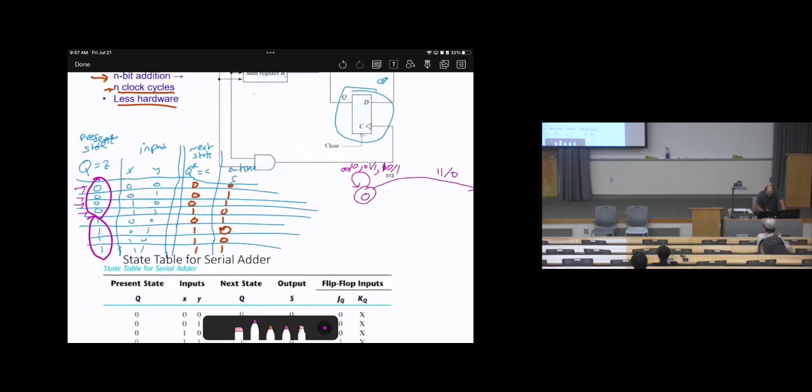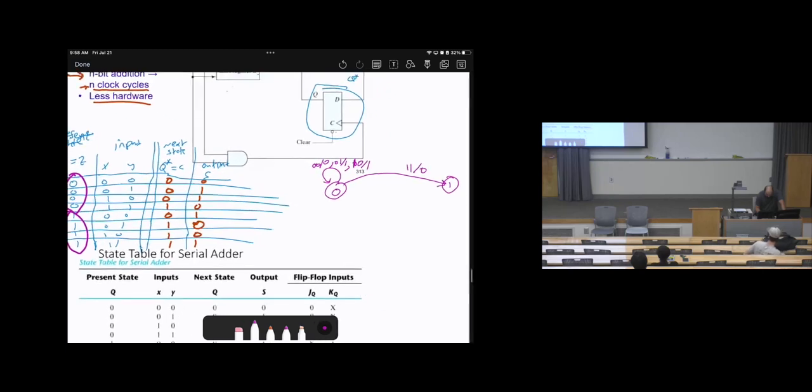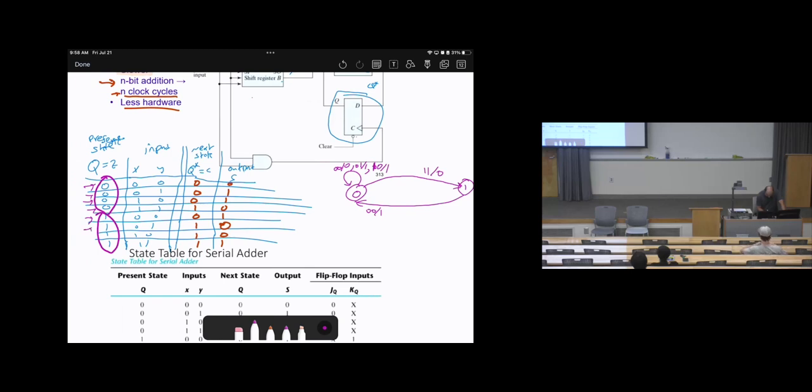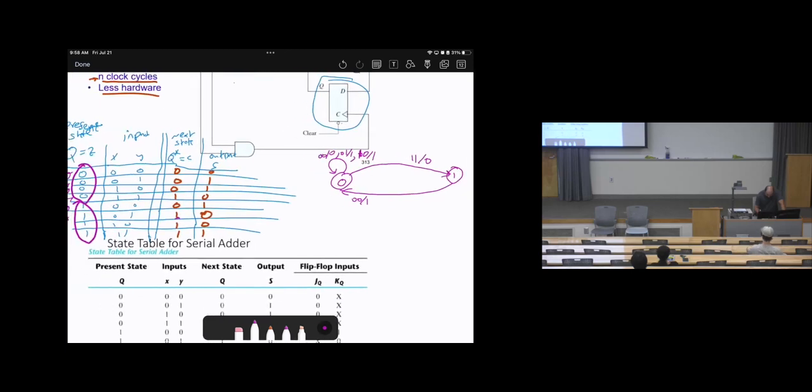Then let's go to the next one. If we are at 1 and the input is 00, we will go to state 0 and the output is 1. If the input is 01, we will remain at 1 and the output is 0.